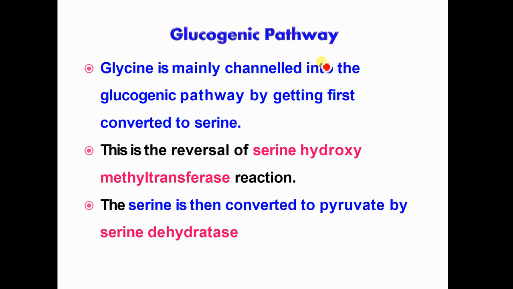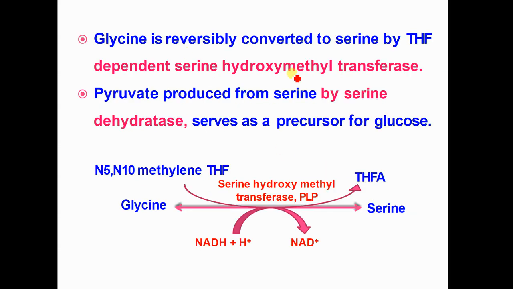Then the glucogenic pathway: glycine is mainly channeled into the glucogenic pathway by first getting converted into serine. This is the reversal of the serine hydroxymethyltransferase reaction. The serine is then converted to pyruvate by serine dehydratase. Glycine is reversibly converted to serine by tetrahydrofolic acid dependent serine hydroxymethyltransferase.